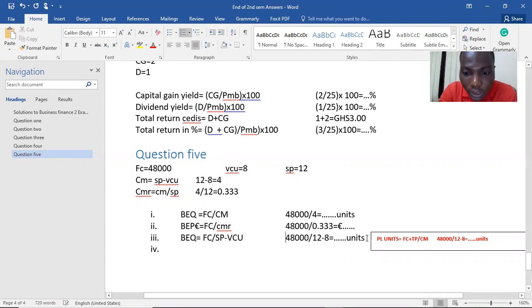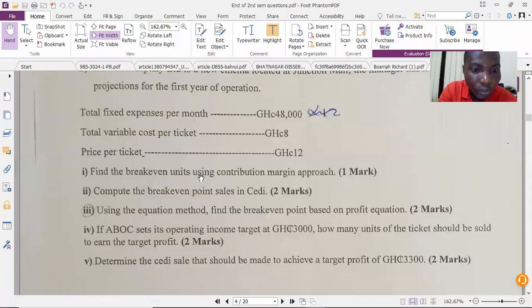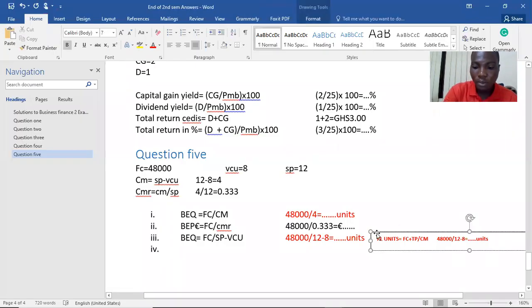So the answer you get here will be the same answer you get here. They are just tricking you. Look at it. Find the break-even units using the contribution margin approach. Using the equation method, find the break-even point based on profit equation. It's the same answer you are going to get, but one is using a different method.